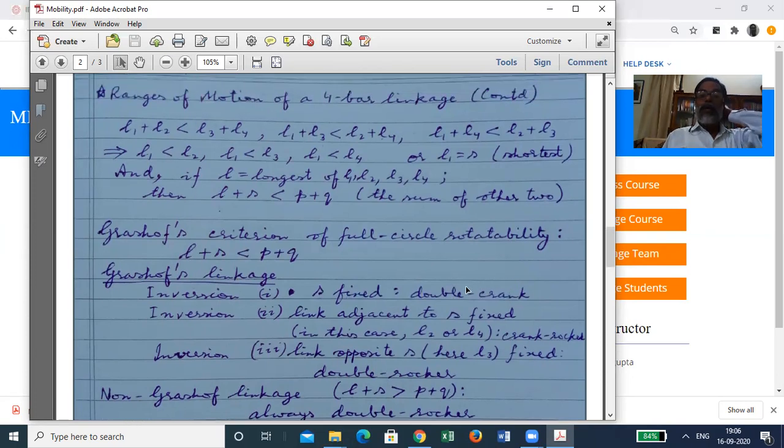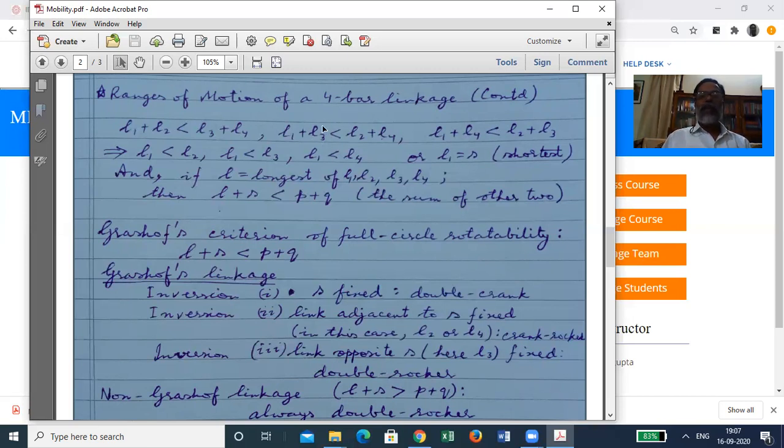Now, why do we say double crank? Till now we know that only L2 can rotate full circle relative to L1, and we have checked. If in these three inequalities you interchange L2 and L4, nothing changes.